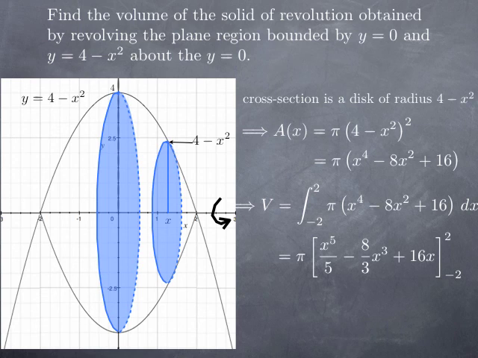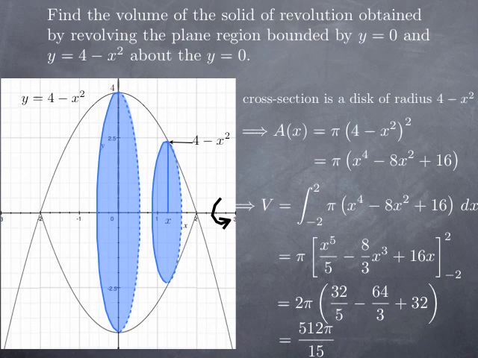Evaluating this function between 0 and 2 and multiplying the result by 2, this is what we obtain, 2 pi multiplied by this expression, which simplifies as 512 pi divided by 15.